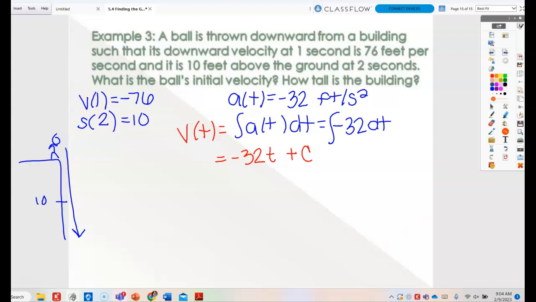Now you would use your v of 1 is negative 76, which is negative 32 times 1 plus c. So c, add 32 to the other side. So negative 76 plus 32 would be negative 44.